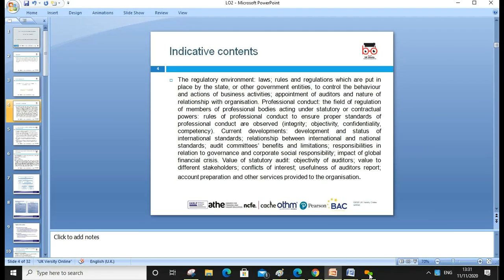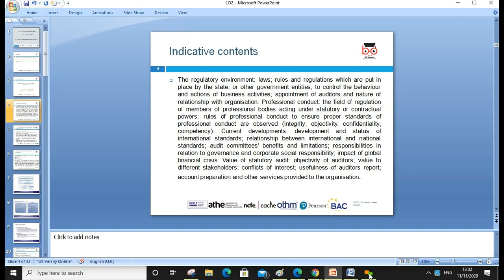First, we have this introductory content: the regulatory framework, meaning laws, rules and regulations put in place by the state and other government entities to control the behavior or actions of business activity. Then the appointment of an auditor, the nature of the relationship with the organization, and professional conduct, which is the professional code of ethics we discussed last lesson as well.